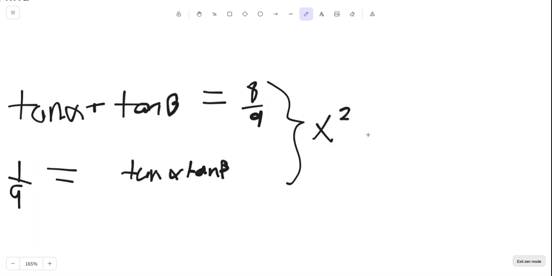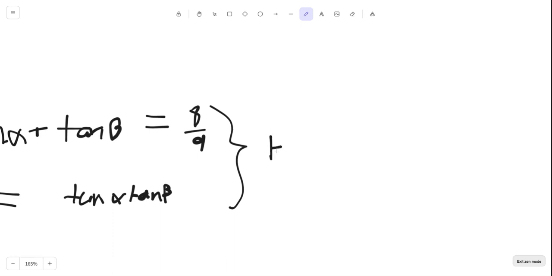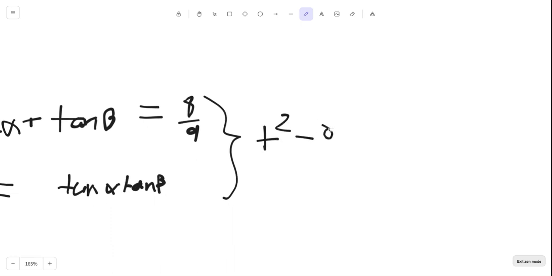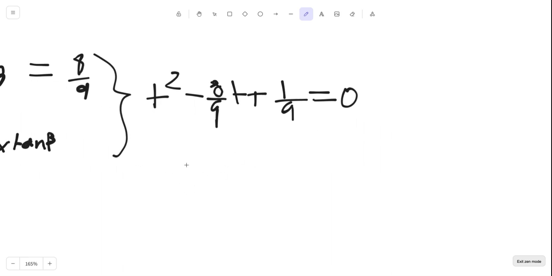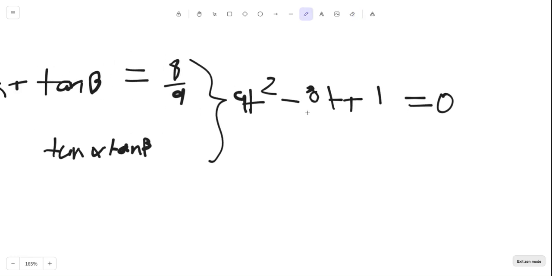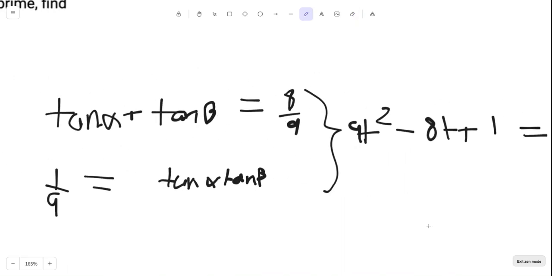We already used x for BF, so use t for tangent: t squared minus 8/9 t plus 1/9 equals 0, which means 9t squared minus 8t plus 1 equals 0. The roots of this are the tangent of alpha and the tangent of beta.